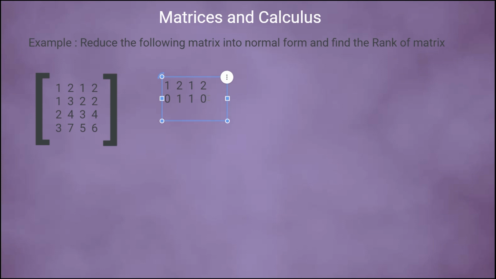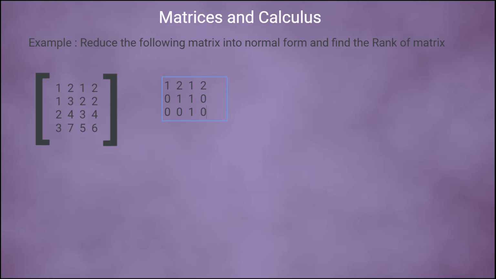That is 2 minus 2 into 1, 2 minus 2 equals 0. Then 4 minus 2 into 2, 4, it is also 0. Then 3 minus 2 into 1, 3 minus 2 equals 1. And next 4 minus 2 into 2 equals 4, that is 0.